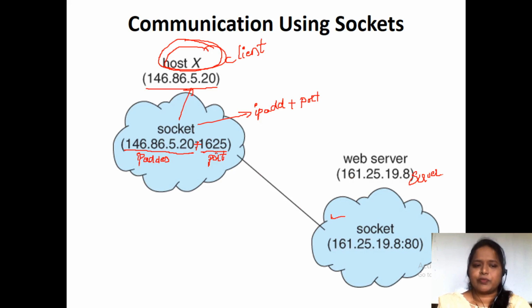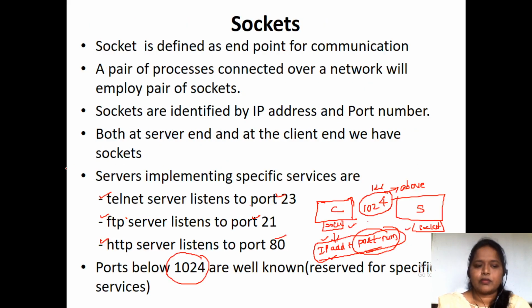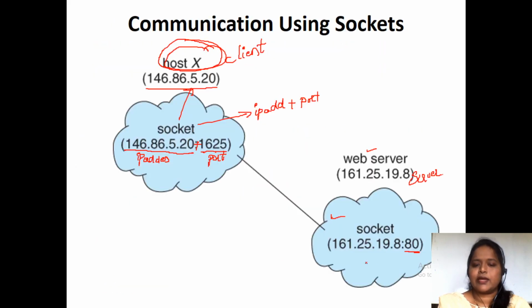As I said in the previous slide, the fixed port number for a web server is 80. So the HTTP server listens to port number 80. That is why, as it is a web server, this port number is 80.